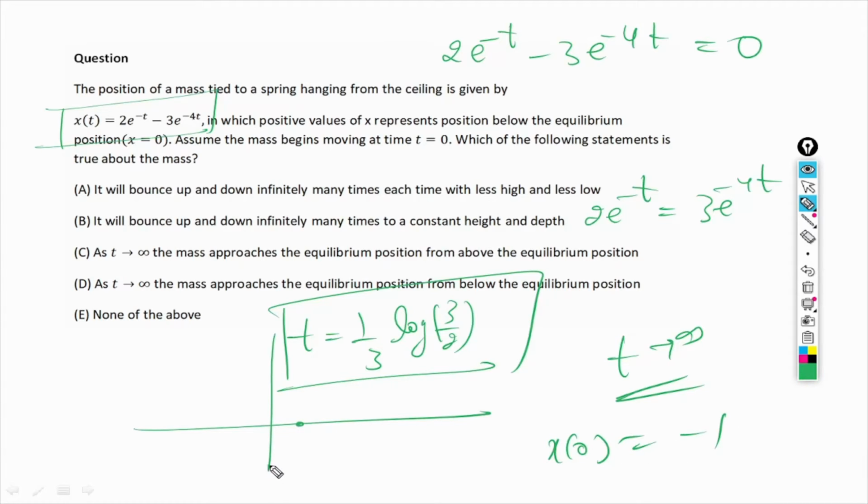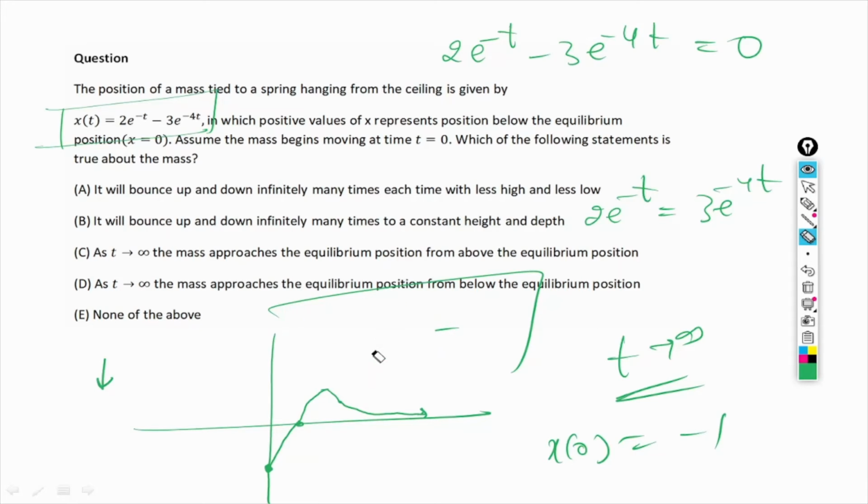So we start somewhere from here and reach here. But after one point the mass will stop going down, so it has to come back again. But then it approaches 0 when t tends to infinity. So it is something like this. This is the graph of the function, which tells us the position of the mass.